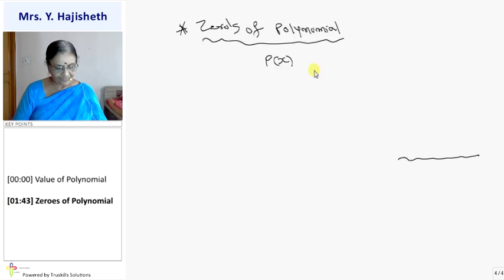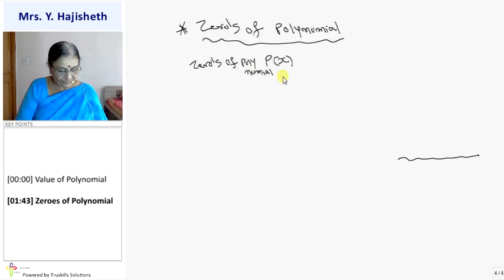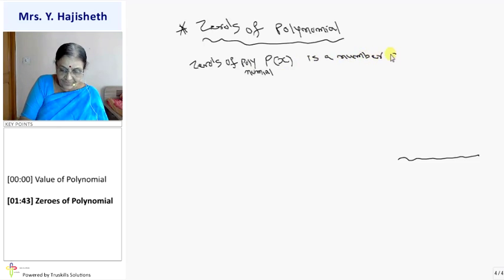You have learned. Zeros of polynomial p(x) is a number c such that p(c) is 0.